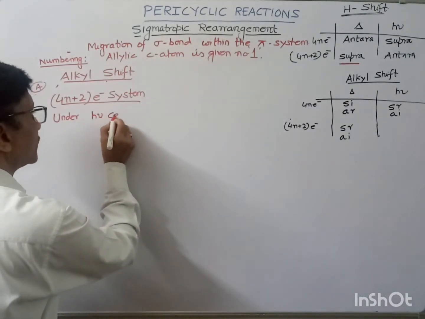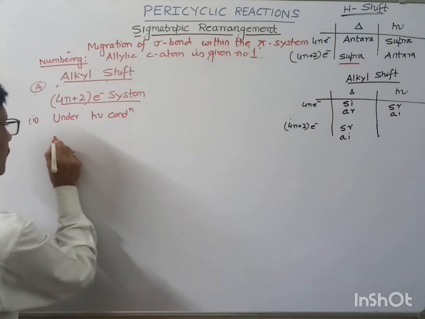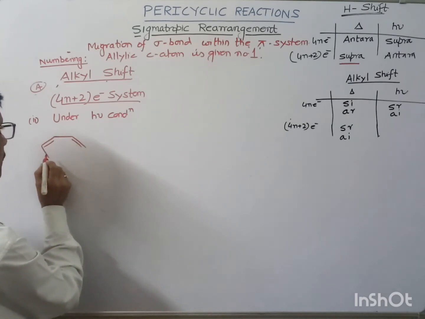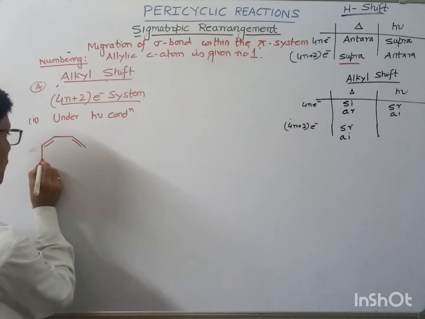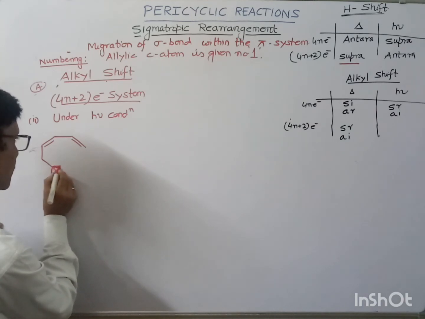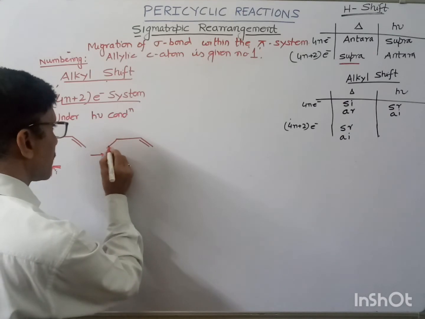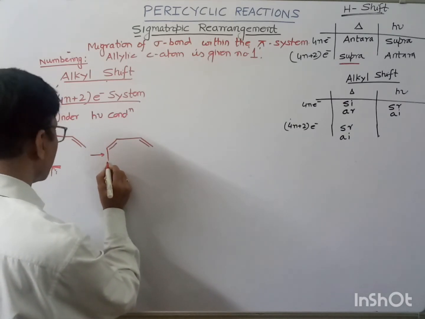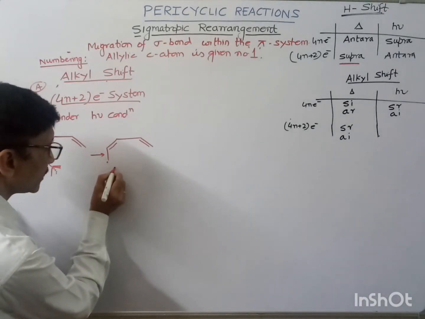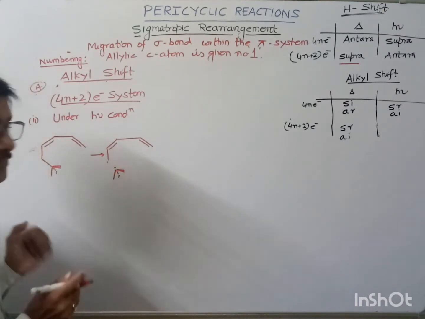Under photochemical condition, suppose I consider that radicals are formed. So this radical and this carbon radical, like this.